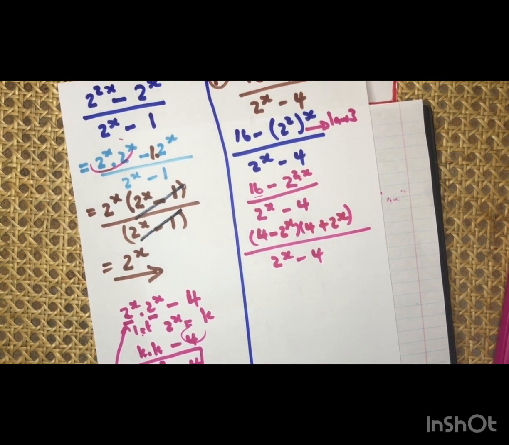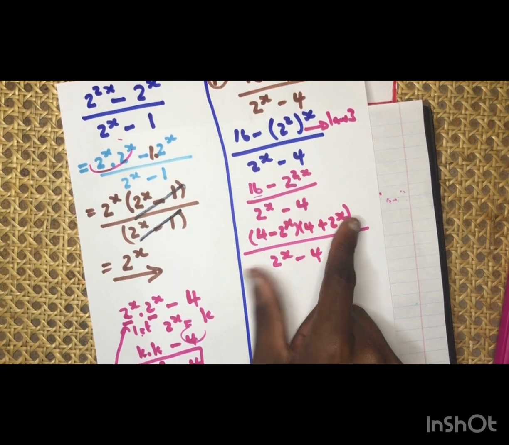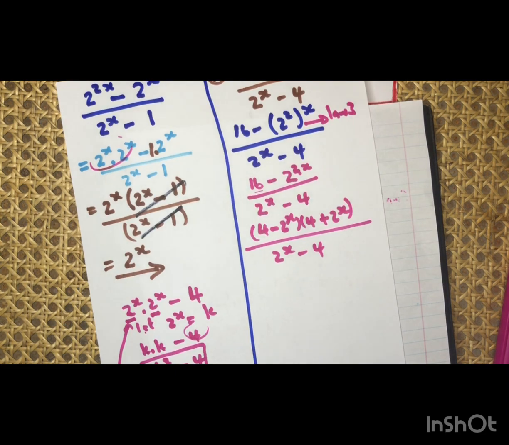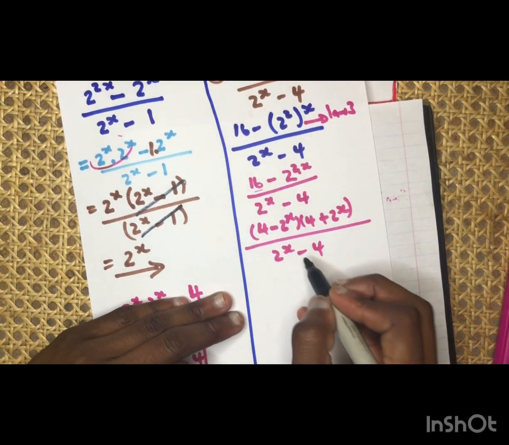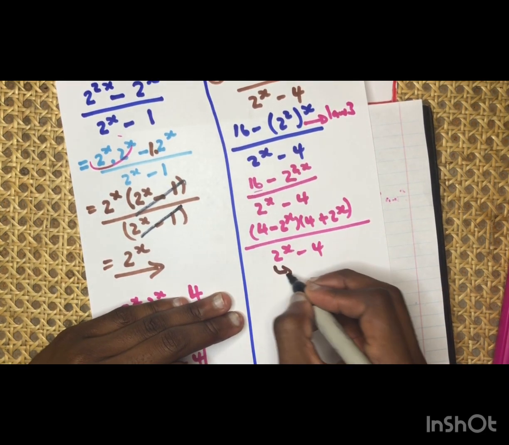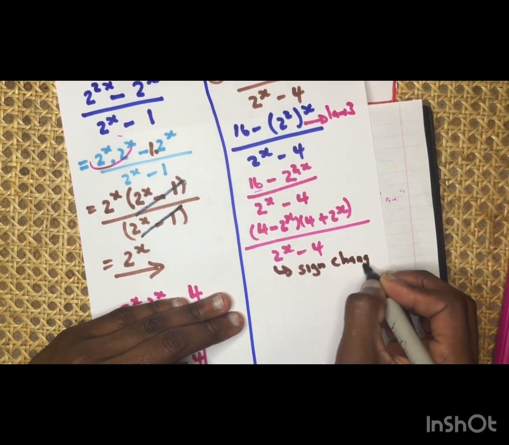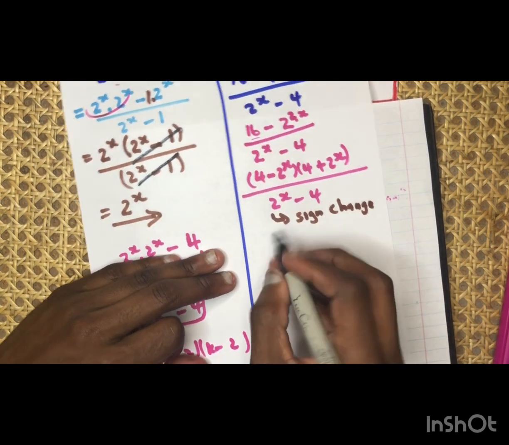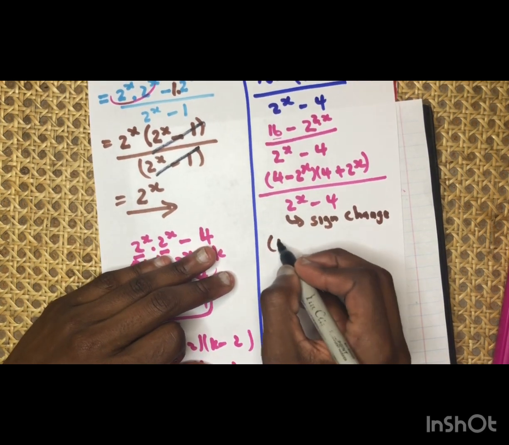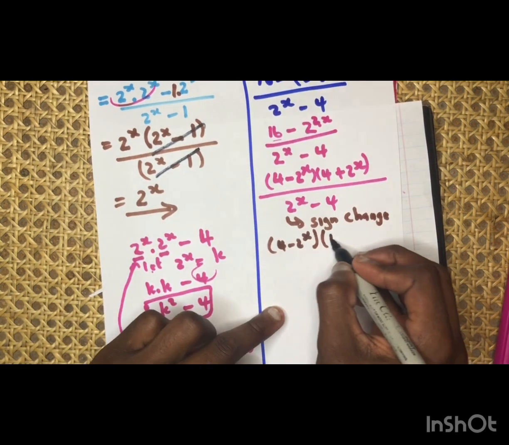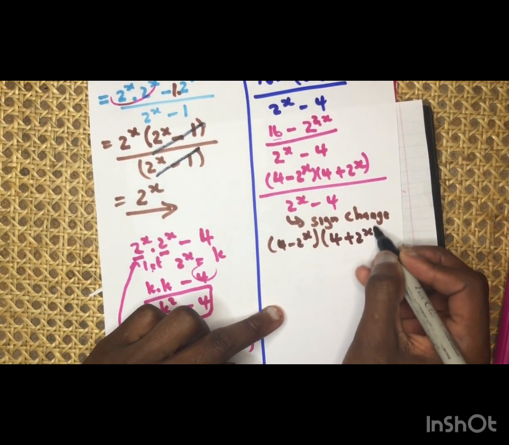Now I want to cancel this with one of my brackets on the numerator, but unfortunately we don't have the same thing here. So what I must do here on the denominator, I must apply what we call sign change. So I'm going to drop my numerator as it is. It's 4 minus 2 to the power x and 4 plus 2 to the power x.